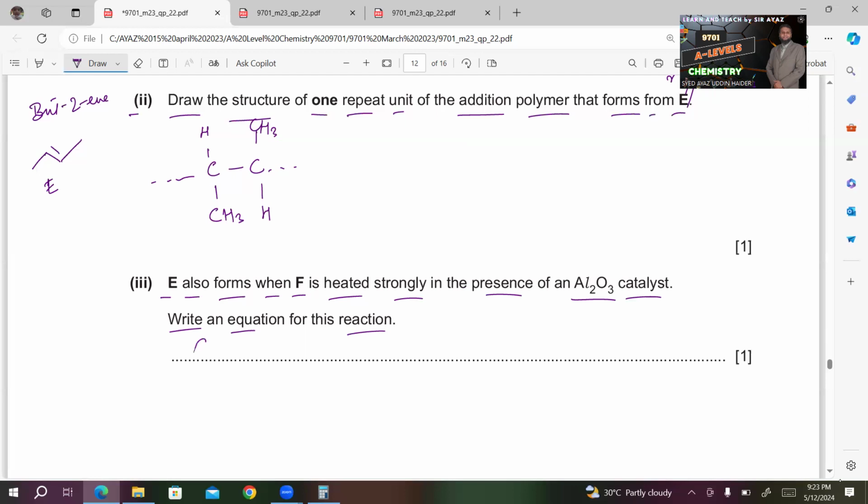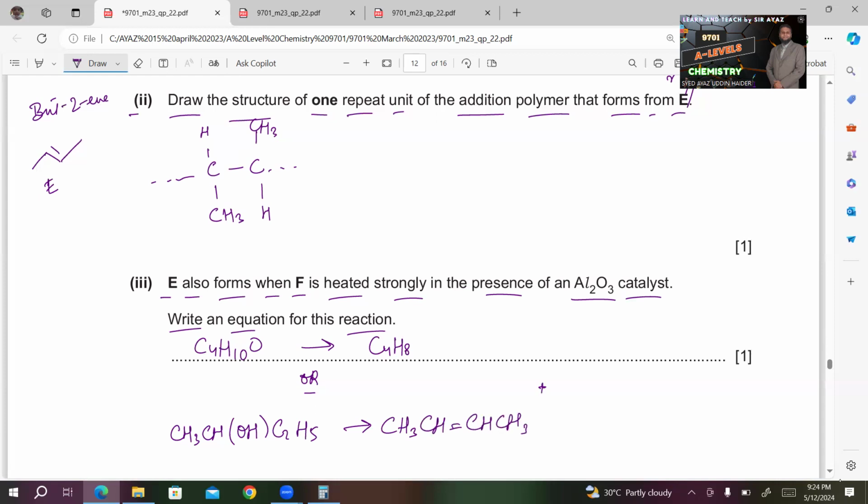This must be butanol, C4H10O, giving C4H8. Or you can even write the structural formula: CH3, CH, we have OH on the second carbon, then we have C2H5, giving CH3, CH, double bond, CH, CH3. And definitely we will also get water as the other product in this reaction.